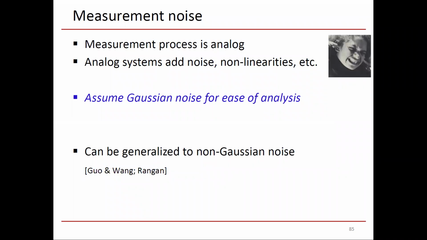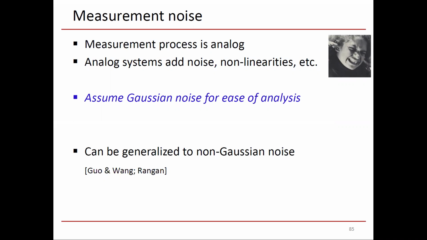Another thing in this design space that we need to think about: we understand that we want to minimize the number of measurements. We need to realize that the measurement process is always going to be analog, or almost always. We discussed different types of sensors, different acquisition systems, and analog systems are going to contain noise.